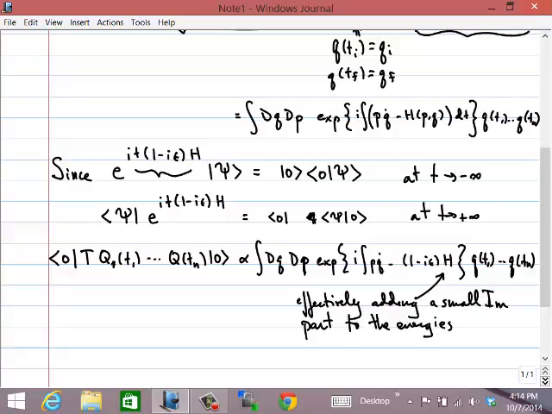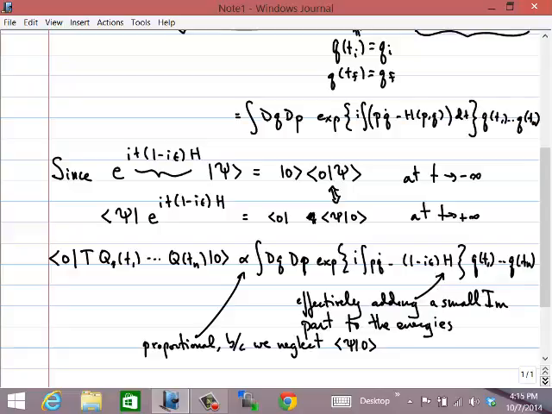They're only proportional because we have neglected these factors here and here, that arise because you have to take into account the fact that whatever initial state you started with might have some overlap with the vacuum, that is some number that we're not keeping track of here.